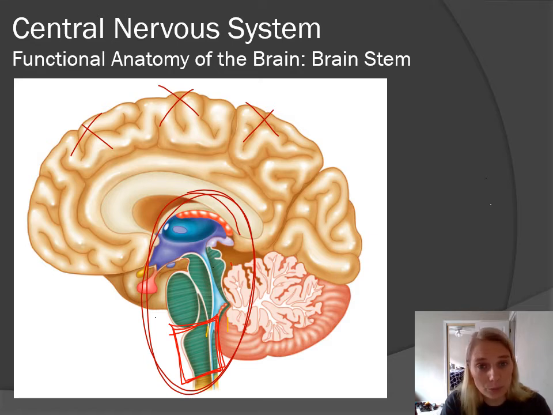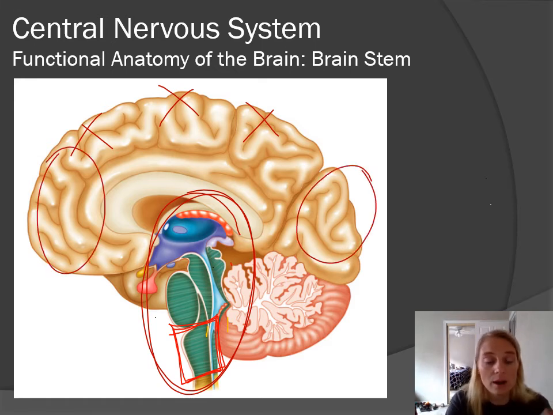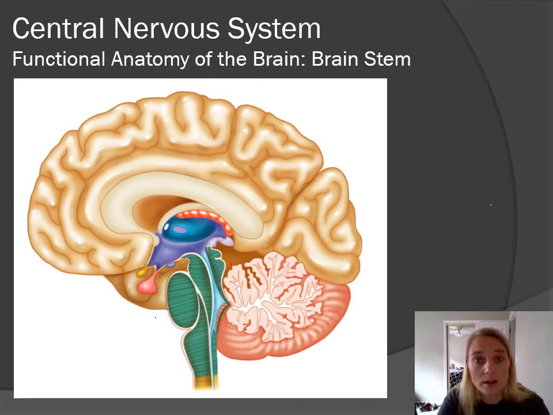Not that their entire brain is dead, just the conscious part. They can't pull up any of the functionality of their frontal lobe or their occipital lobe, but their base functions are still working because your brainstem and diencephalon are intact. Okay, so that's your brainstem: midbrain, pons, and medulla.